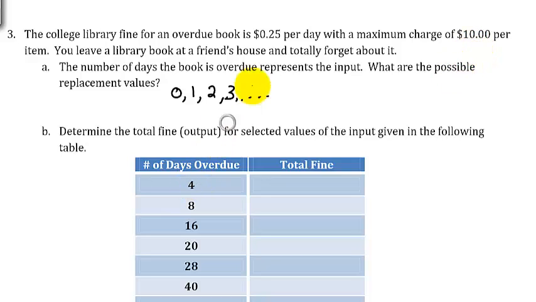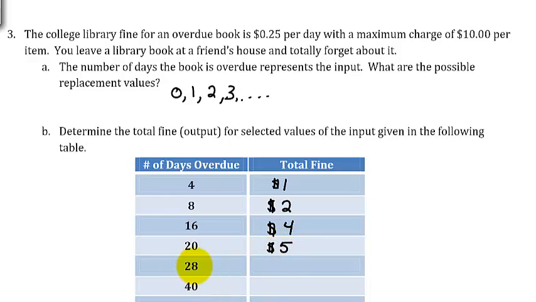So 4 days at 25 cents a day, that would be $1. And then 8 days, $2. And then 16 days, that'd be $4. And then 20 days would be $5.